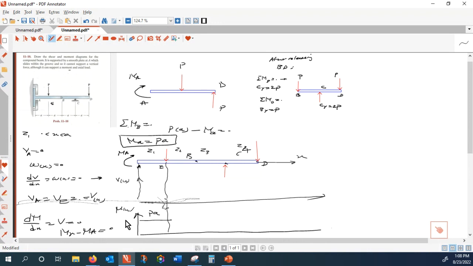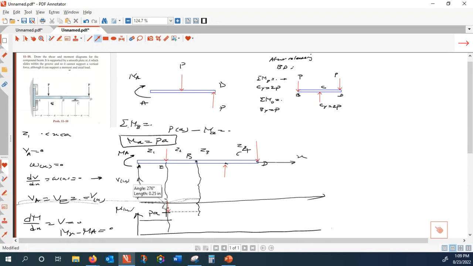Enough? Okay. Now, what happens at point E? At point E, you have a discontinuous shear force with a magnitude of P. So I can conclude that in the second zone, the shear force drops. How much does it drop? By the magnitude of P. So there's a discontinuity here.